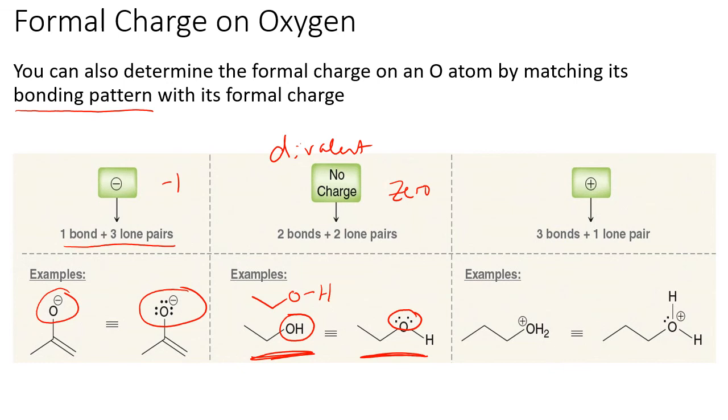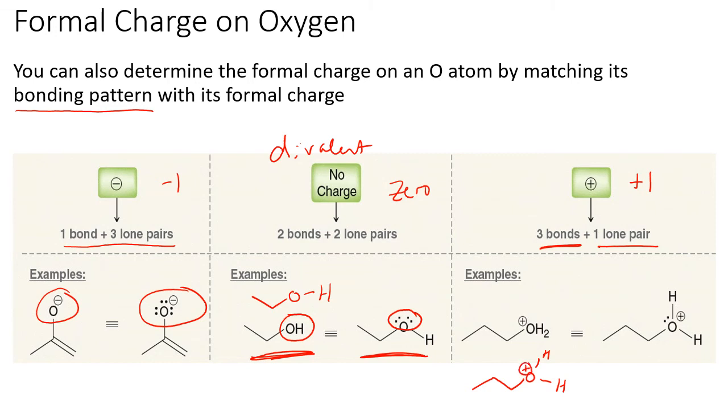And the last bonding pattern that you'll see for oxygen is when it has 3 bonds to it. When oxygen has 3 bonds, that means it has 1 lone pair on it that's not shown, and it has a +1 formal charge. In our example, we have a propyl group bonded to our oxygen. That oxygen is also bonded to 2 hydrogens, and it has a +1 formal charge on it.